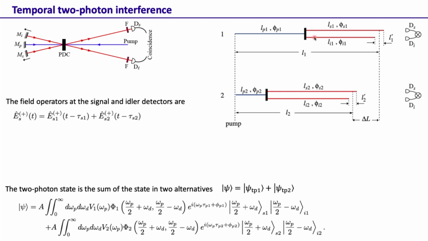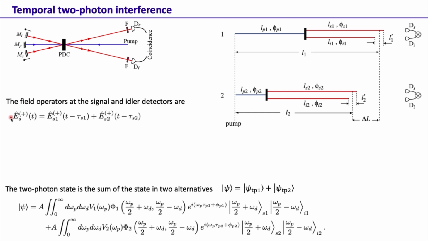So whatever was the field here, it reaches the detector after a time tau s1. Tau s1 is the time corresponding to this path length ls1, and tau s2 is the time corresponding to path length ls2. And whatever is the field right at the crystal at time t minus tau s2 will become the field at the detector at time t.